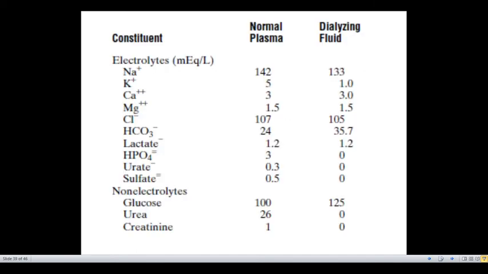This table compares the constituents in a dialyzing fluid with those in normal plasma and uremic plasma.